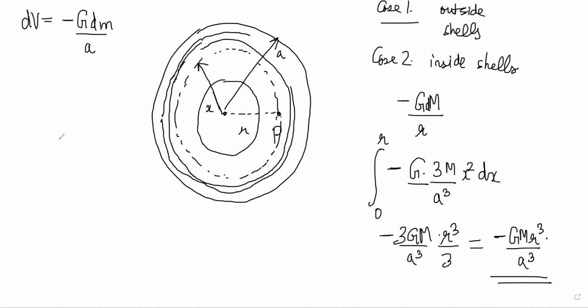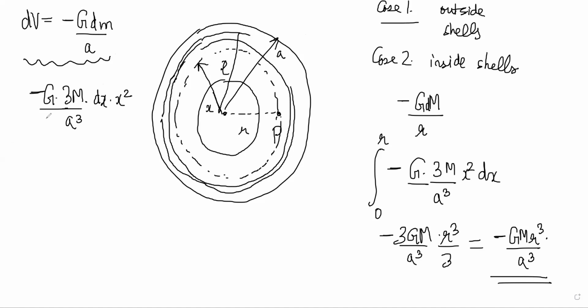Here, when it is outside shells, this part will become minus G 3M by a cube x square dx by a, where a means actually the radius of the shell. So the radius of the shell would be x, right?